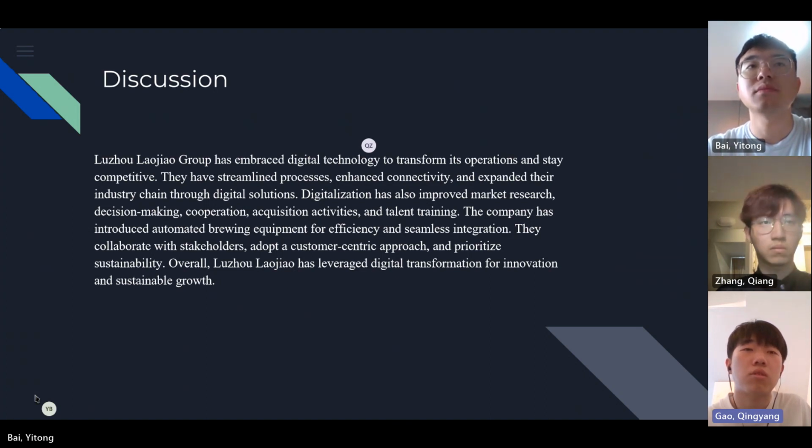The company has introduced automatic brewing equipment for efficiency and seamless integration. They collaborate with stakeholders, adopt a customer-centric approach, and prioritize sustainability. Overall, Luzhou Laojiao has leveraged digital transformation for innovation and sustainable growth.